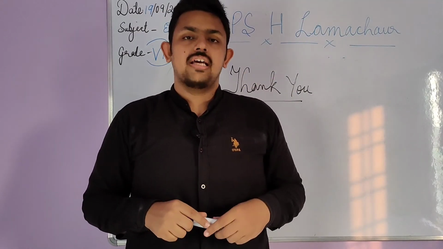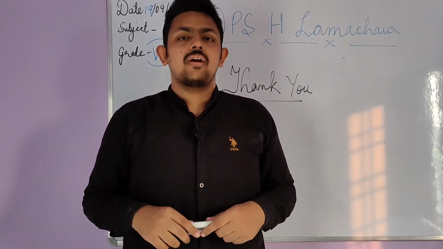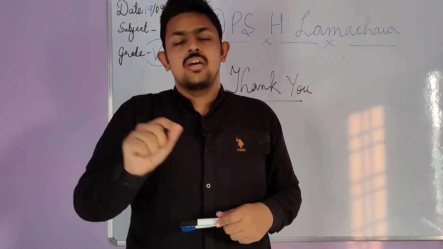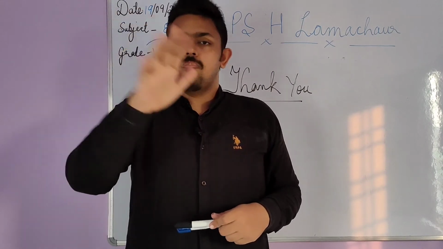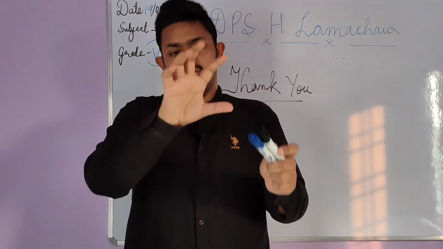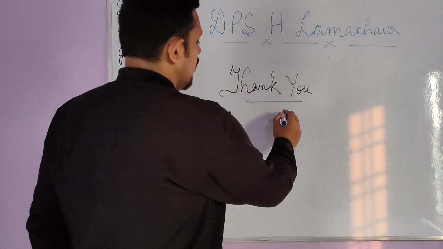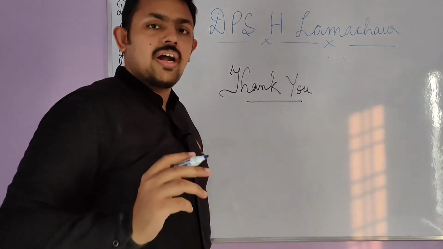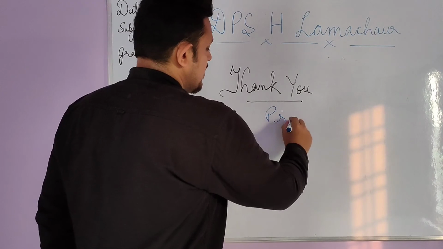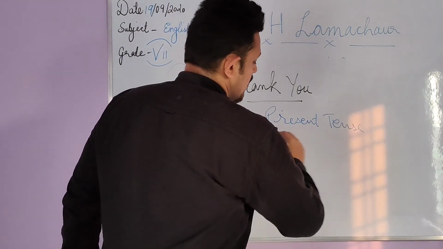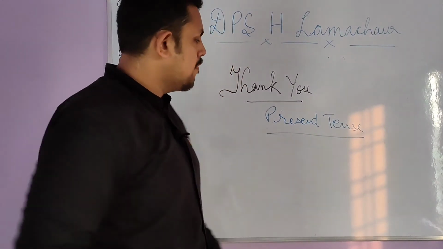You will write all the forms of tenses in your notebook. You will make one chart of tenses, then you will write three kinds of tenses. How will you do it? You will do it like this. First of all, you will write the heading: present tense, and then you will make one chart.